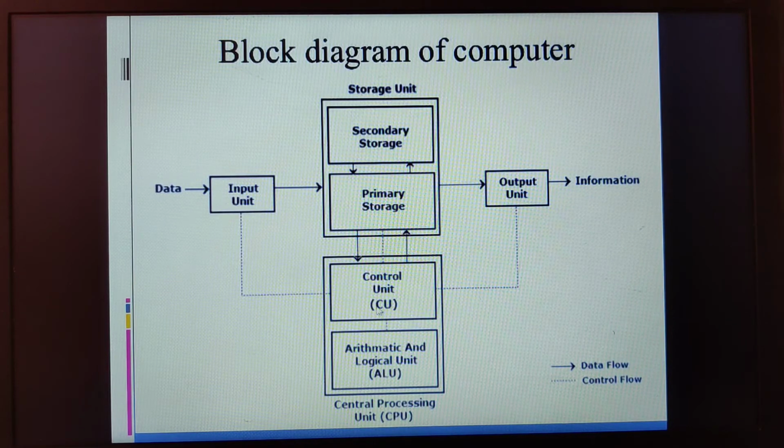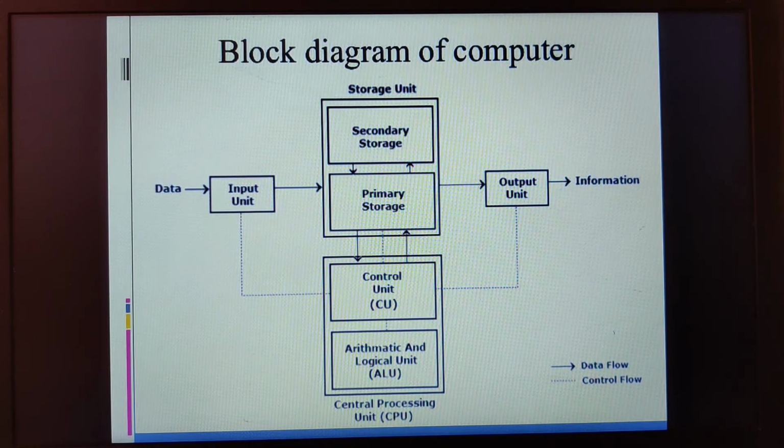It is called the brain of the computer system because it is the only unit capable of reading, interpreting, and executing the program instructions systematically.